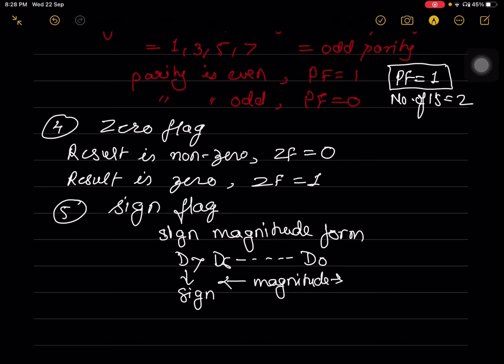So this representation of a number is called as sign magnitude form. If this D7 bit is equal to 1, we say that the number is negative, and if this bit is 0, we say that the number is positive. Now in ALU, we can perform the operation on the signed numbers as well as unsigned numbers.